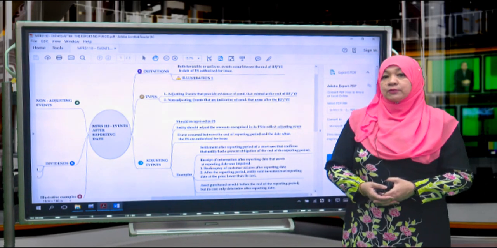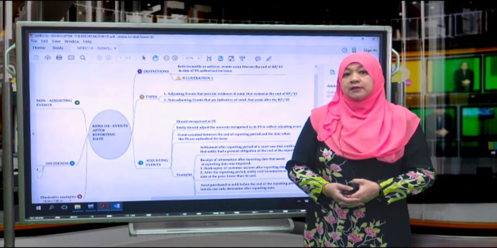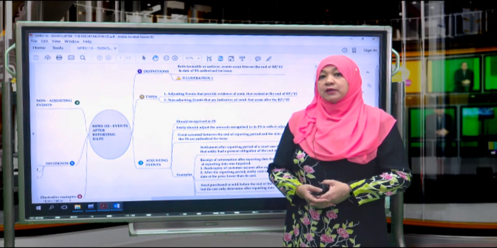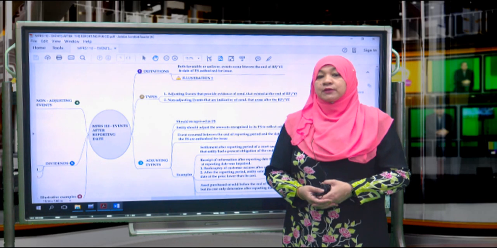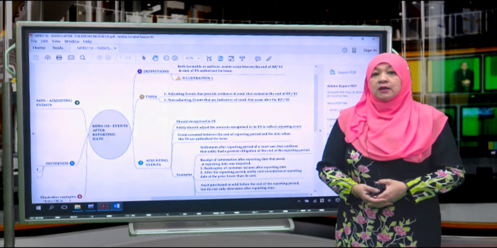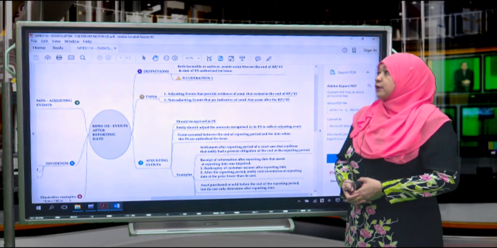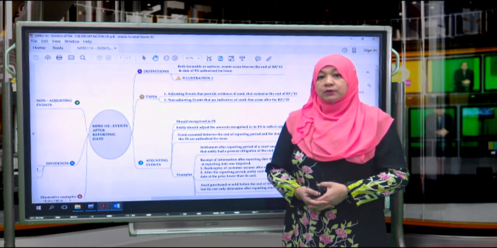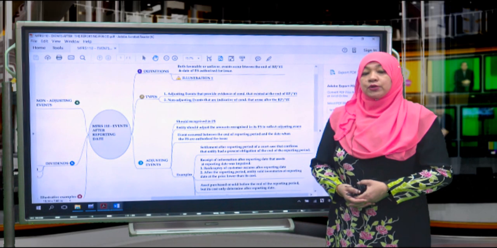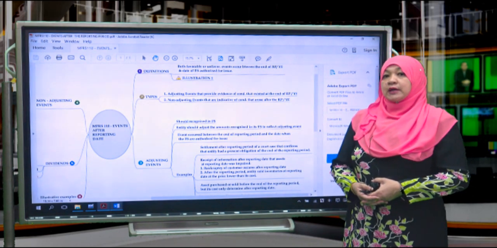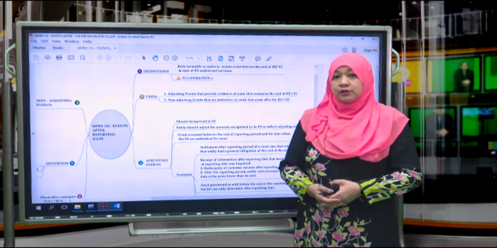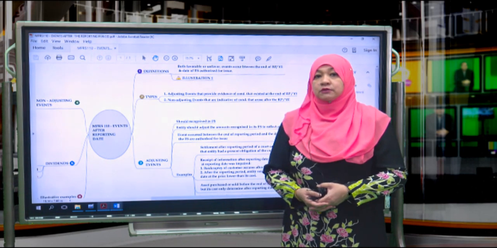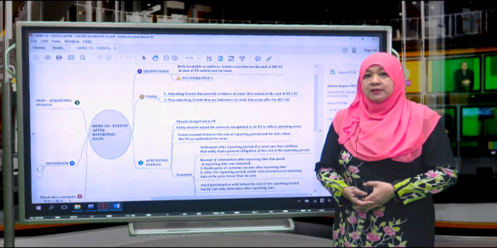normally what will happen is that the directors will authorize for the financial statements to be issued after it has been checked and audited. So if your accounting year ends at 31st December 2015, normally the directors would ask the company to issue their financial statements around 31st March 2016.